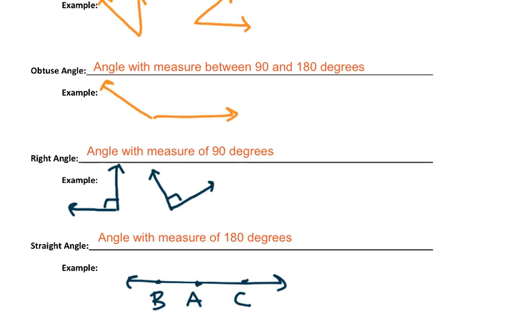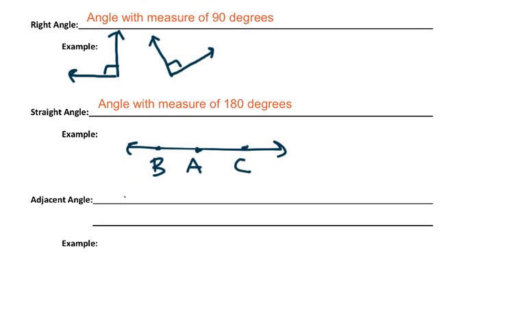Alright, now we have some more vocab here that probably you haven't learned in the past. All of those you should have been familiar with, but this is maybe new to you. An adjacent angle, or adjacent angles, are 2 angles that have a common ray and a common endpoint, but no interior angles are in common.